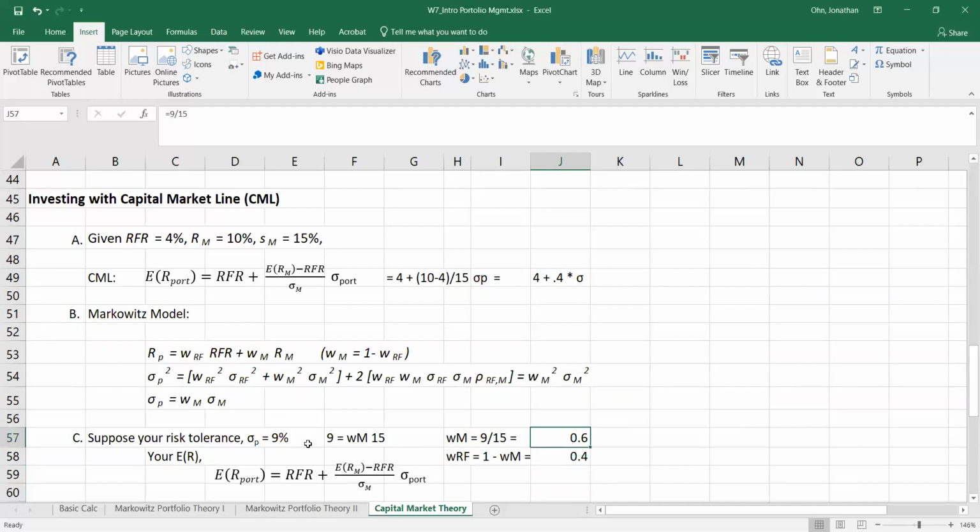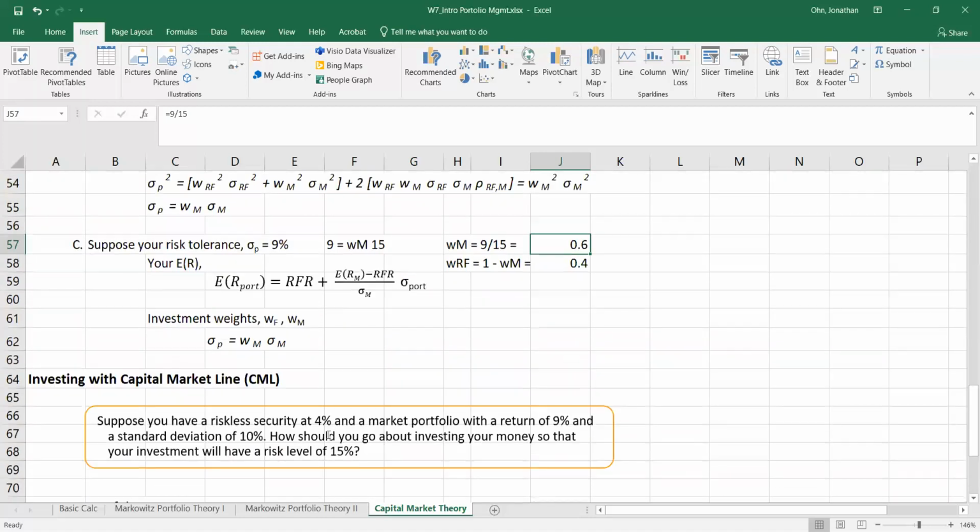Quite conservative. So to come up with this 9% risk tolerance level, you invest 60% of your capital in the market portfolio, the risky portfolio, and 40% in the risk-free asset. Then your risk tolerance level is 9%.